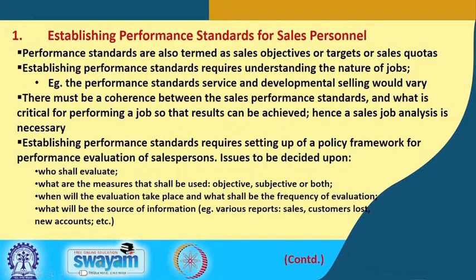Hence, a sales job analysis is very necessary, and what we are talking of here is the job description. So you start with a job analysis and a job description, and then what becomes important is establishing performance standards, which again would mean setting up a policy framework for performance evaluation of the sales force.